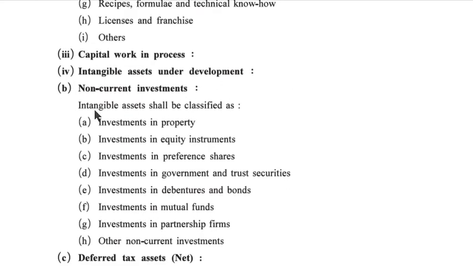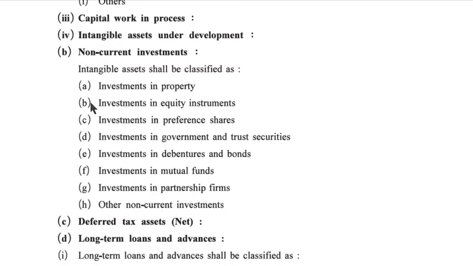Non-current investments. Non-current investments shall be classified as A, investment in property, investment in equity instruments, investment in preference shares, investment in government and trust securities, investment in debentures and bonds, investment in mutual funds, investment in partnership firms, and other non-current investments.